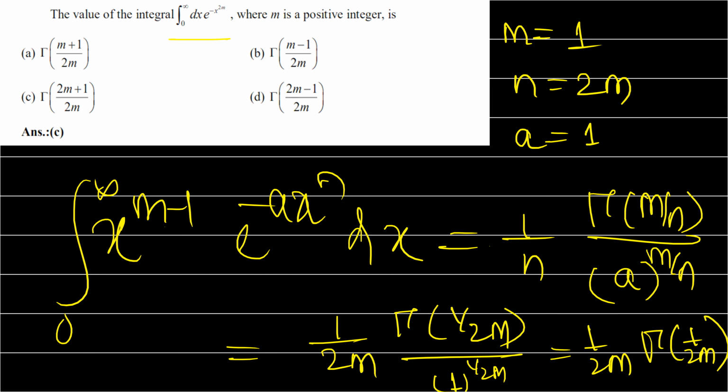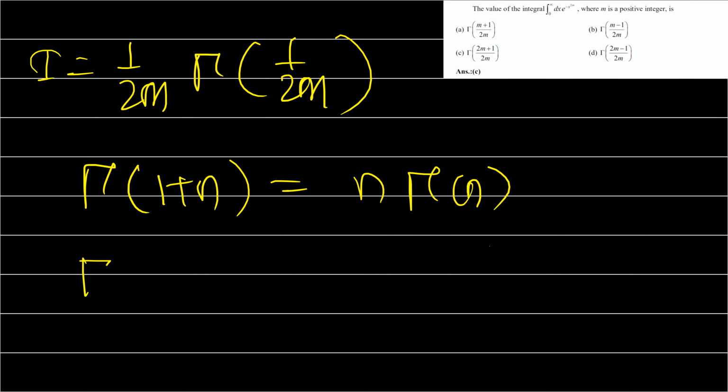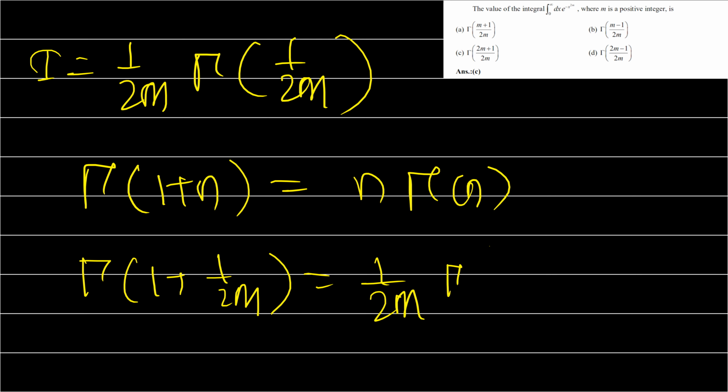Now in order to match with the option, our integral has become 1 by 2m gamma 1 by 2m. Now in order to match with the option, we have a formula like gamma of 1 plus n is equal to how much? n gamma n. Like that, gamma of 1 plus 1 by 2m will be 1 by 2m into gamma 1 by 2m.